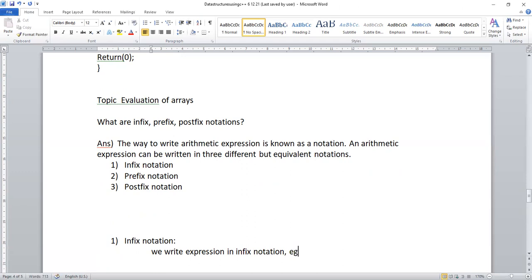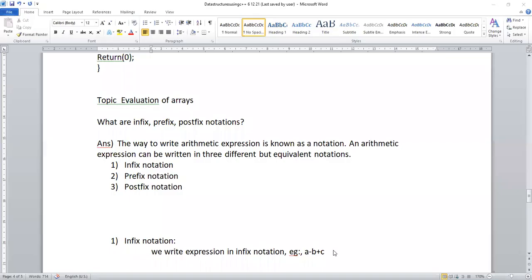Example, a minus b plus c, where operators are used in between operands.